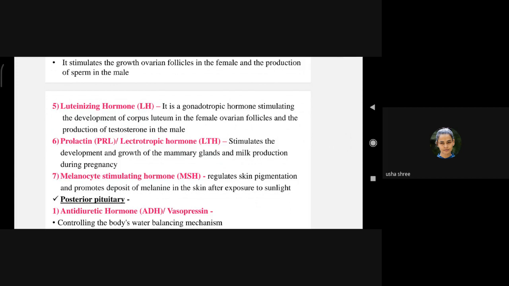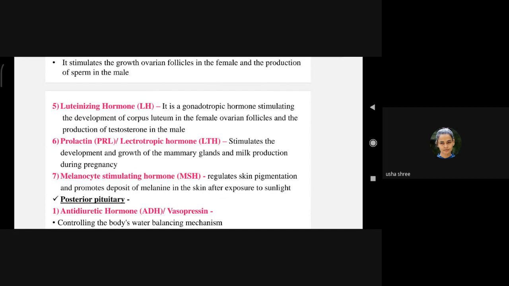So next is melanocyte stimulating hormone. This hormone regulates skin pigmentation and promotes deposit of melanin in skin after exposure to sunlight. Okay, so this is the hormone mainly responsible for darkening of our skin.